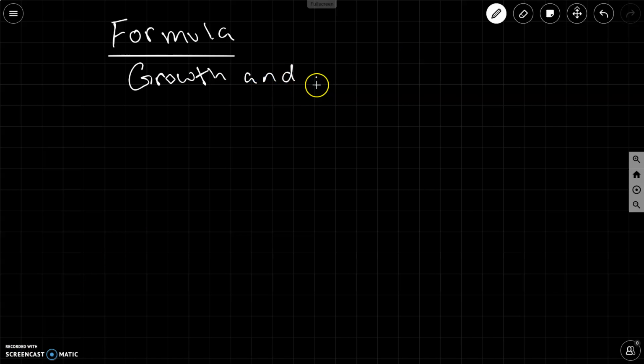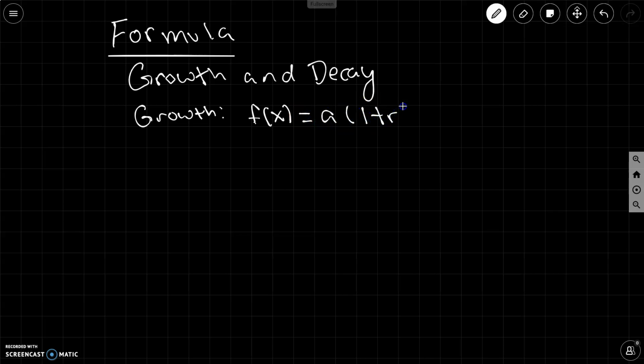There are really two different formulas we have to know. I'm going to break down the first one, which is growth. The growth formula is: f of x equals a times (1 plus r) to the x power.